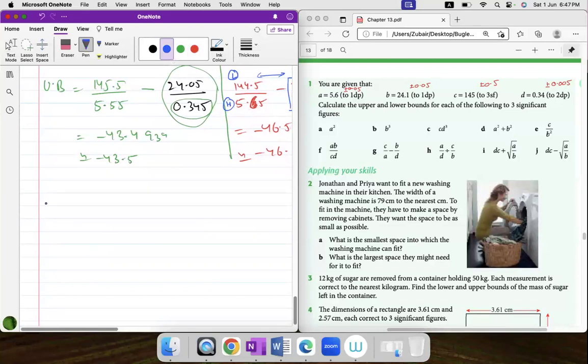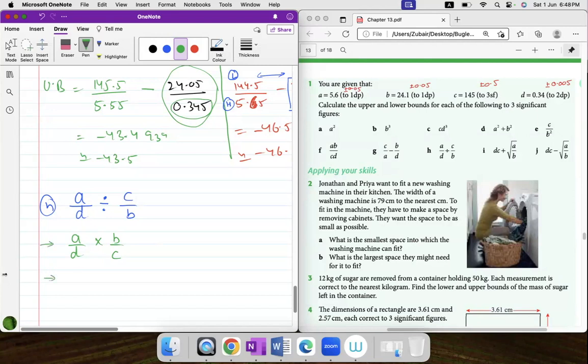Okay, let's try each part. Before we solve, this is A divided by D and divided by C over B. So we can simplify it: A over D multiplied by B over C. So basically, this is exactly the F part. Just A and B have to be the highest, and D and C the lowest.